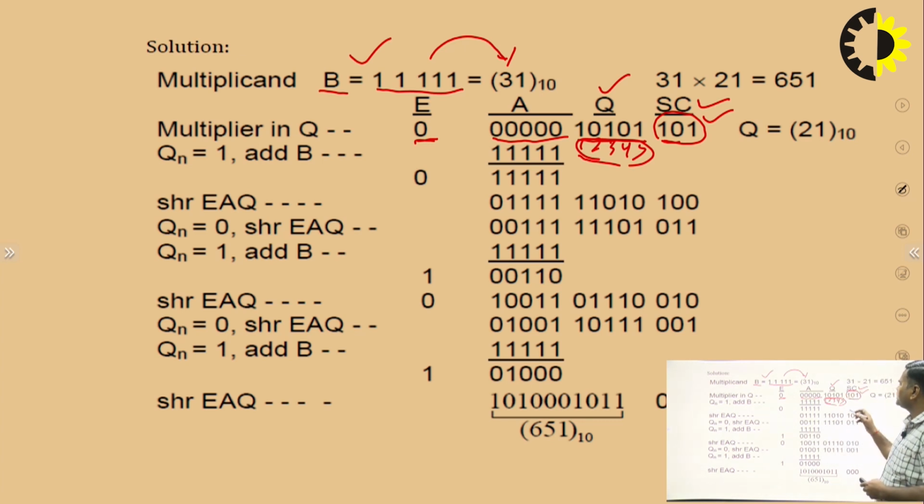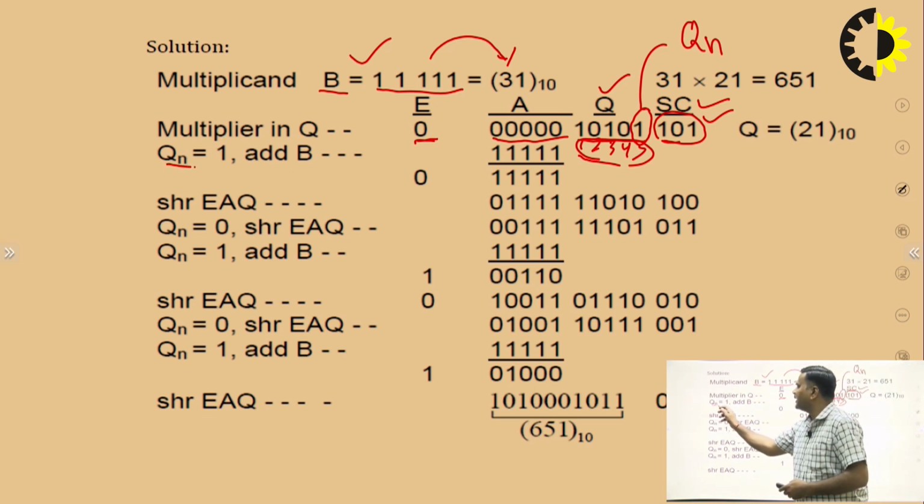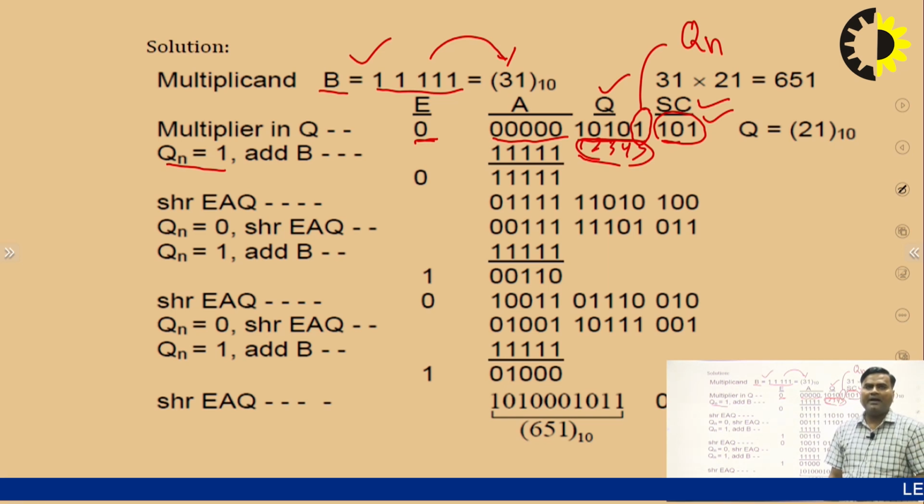First we have to check the value of Qn, and Qn is the rightmost bit of the Q register. This is the Qn bit, and this Qn bit is 1. If the Qn bit is 1, then we have to add A plus B and place the result in EA.